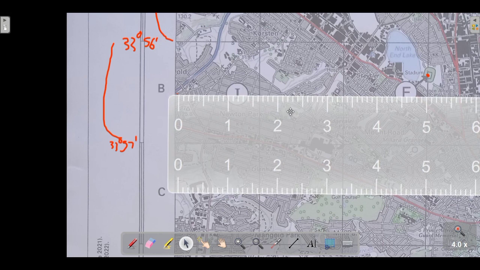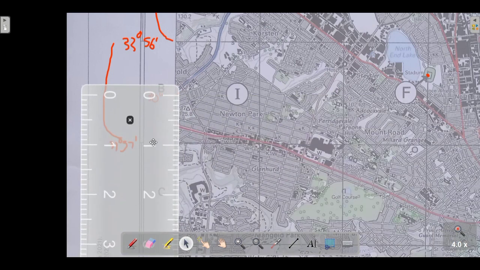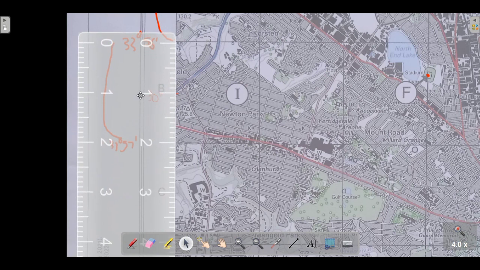At this particular point the seconds is 30 seconds. So 30 seconds is right over here. If we can go further, let's line this up again, so that is our half.